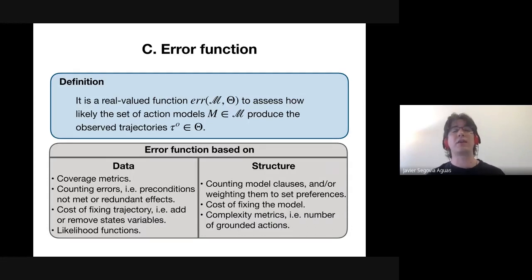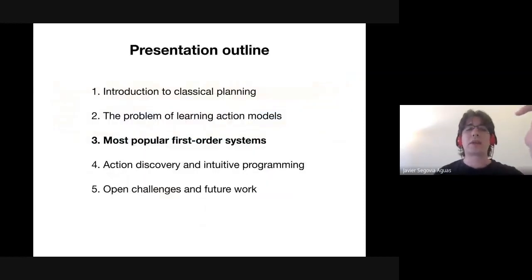On the other side, we have the structure, where we have the counting model, the cost of fixing the model, and complexity metrics.